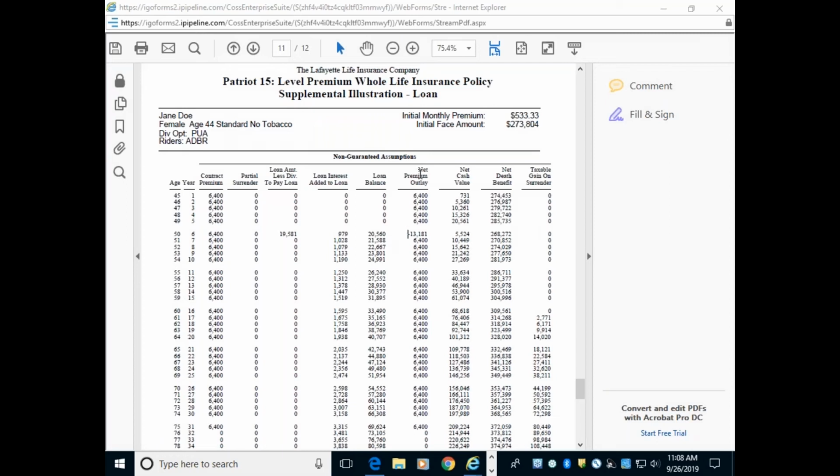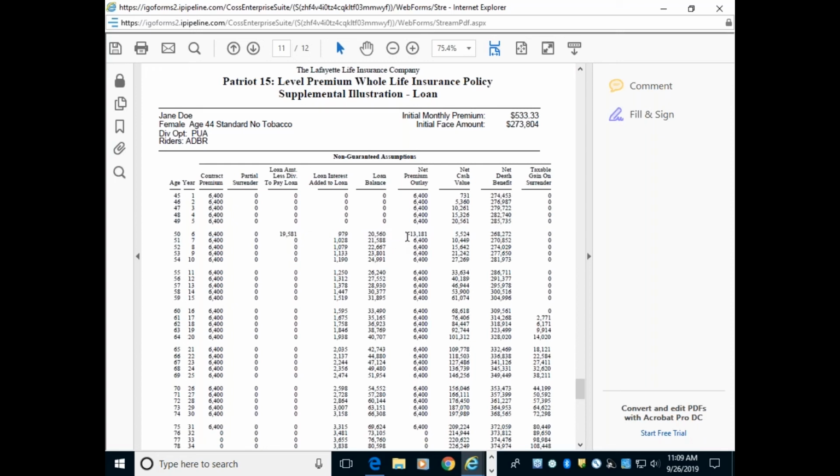Next, you'll see in the net premium outlay column a negative amount. This can be a little confusing to you or your client. What this generally means is that you're paying in $6,400 annually, or $533 per month, and you're taking a loan of $19,581.